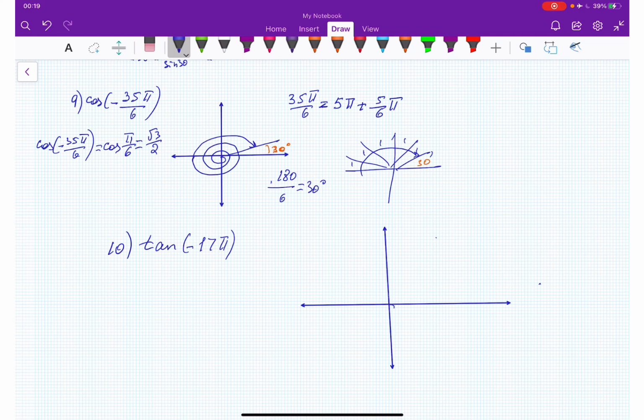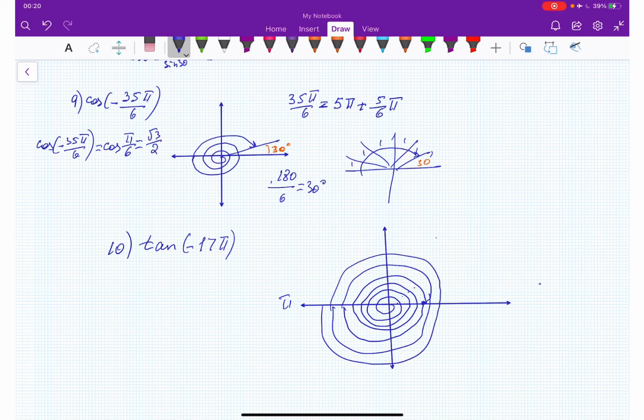1, 2, 3, 4, 5, 6, 7, 8. Just pay attention. An even number comes back to the initial position, and an odd number comes to 180 degrees, which is pi. Since I have 17, I will end up here.